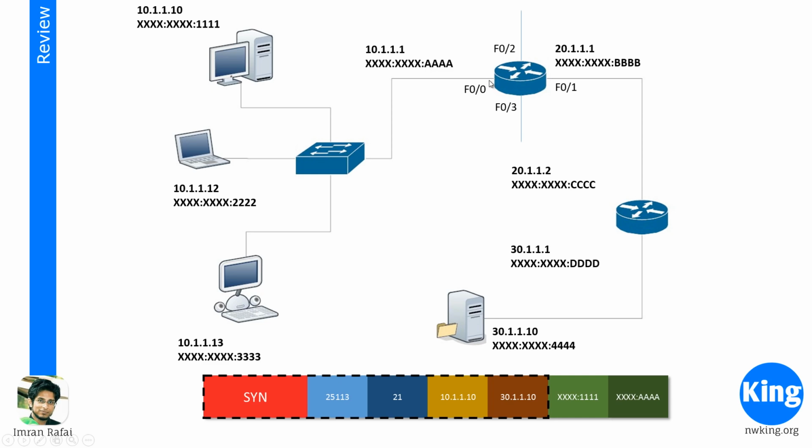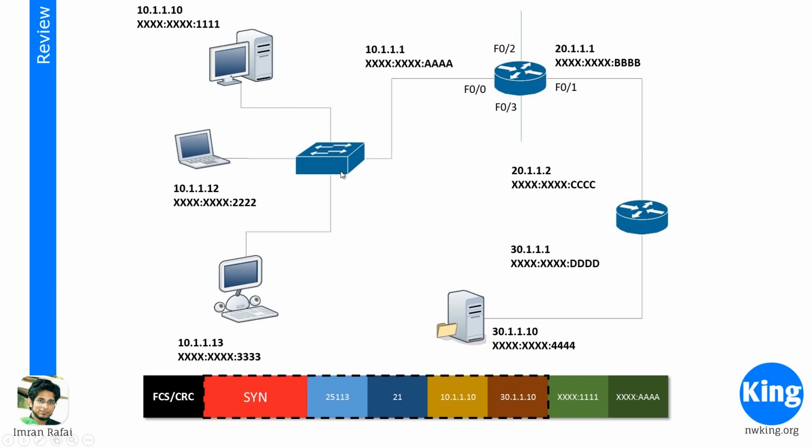Each port has a different MAC address. So this router puts the MAC address of port F0/0 and sends it out in the ARP reply. The ARP reply goes back to this device. Now this device knows the MAC address.